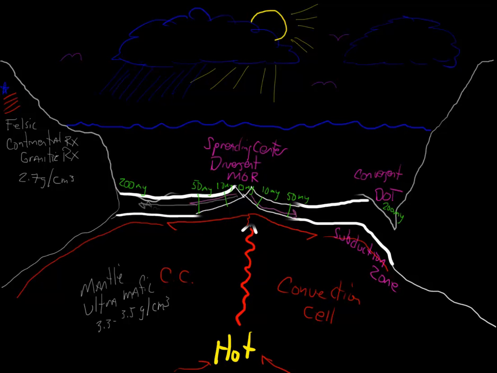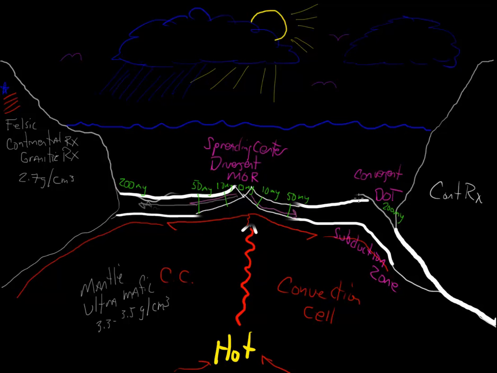Okay, and I have this diagram drawn a little incorrectly, so I'm going to give a little bit more space, and I'm going to draw it more like this. So there's the Continental Rock, which again is the granitic rock at 2.7 grams per cubic centimeter.